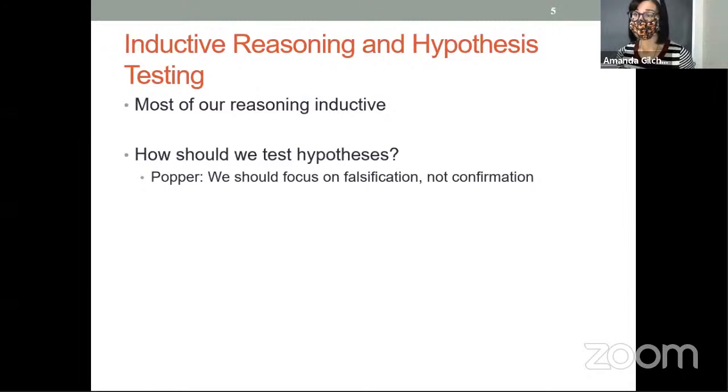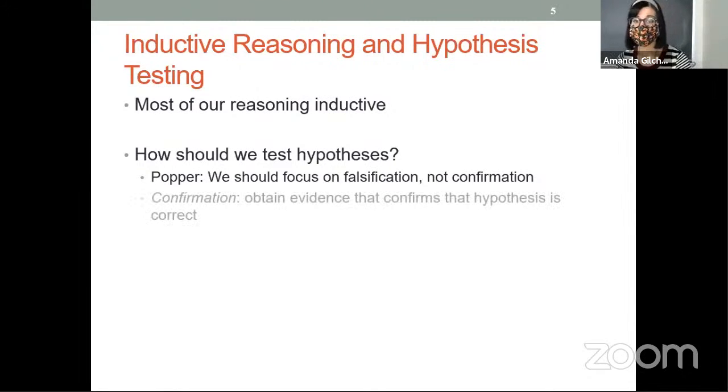But most of our reasoning is actually going to be what is called inductive reasoning. Now, deductive reasoning is all about starting with something specific and then making a very general conclusion. So we have these specific premises and we create a general conclusion based off of those premises.